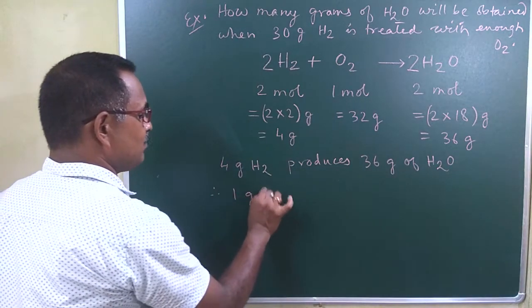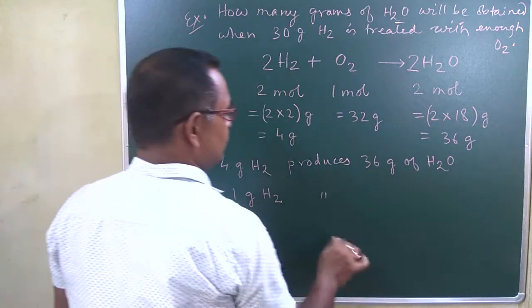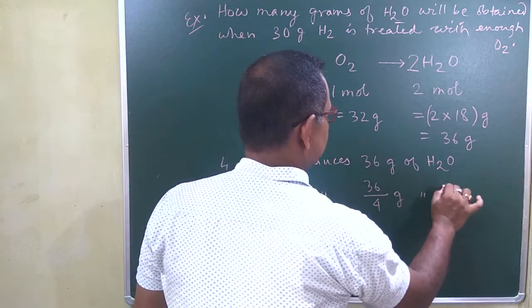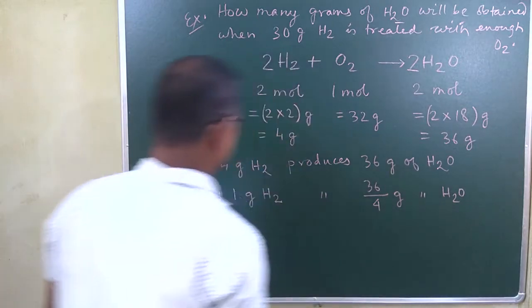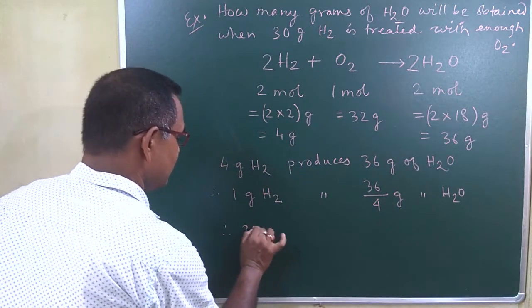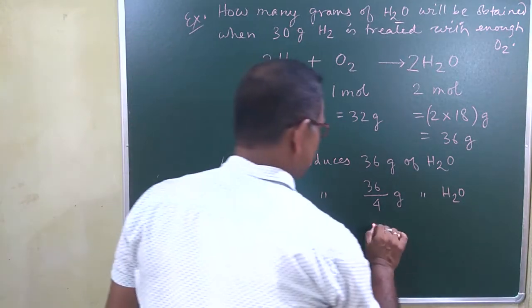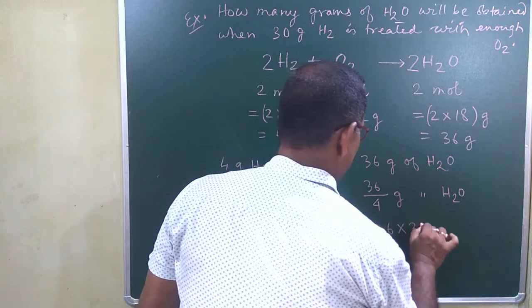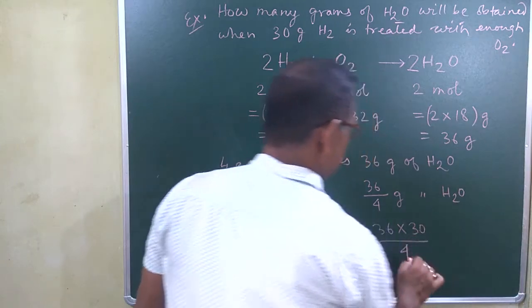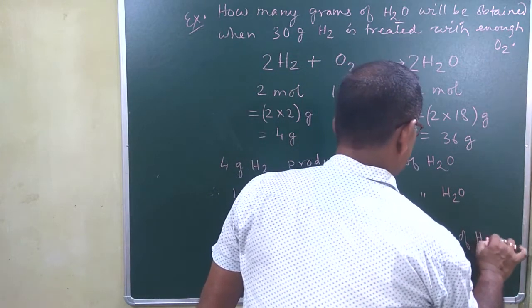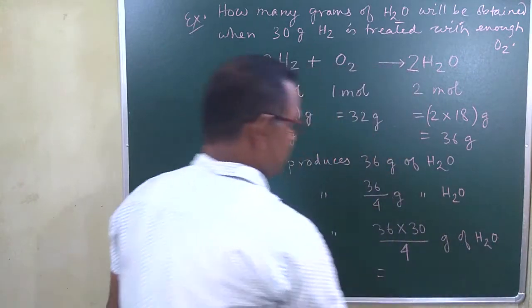Therefore, 1 gram of hydrogen will produce 36 divided by 4 gram of water. Therefore, 30 gram hydrogen will produce 36 times 30 divided by 4 gram of water. This will be the answer.